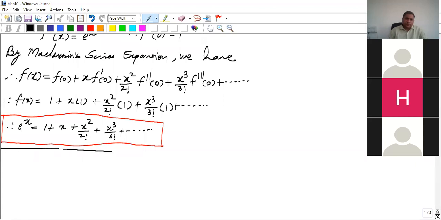Sir, I had a doubt. Yes. But what if the function is finitely differentiable? Correct. If the function is finitely differentiable, still we are able to find the expansion, but that is the next part we need to go for. We'll go for that also.